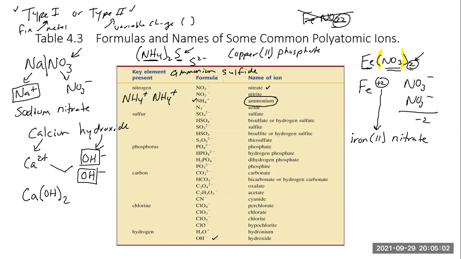If we had a name, we see copper Roman numeral 2 tells us the copper has a +2 charge. Phosphate from the list here is PO4 3-. So ultimately we're putting together a +2 and a -3. Common number there is 6. To get our copper to 6, we actually need 3 of them, which would be this.